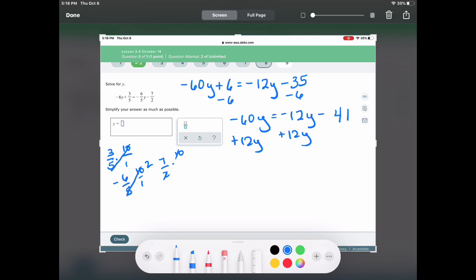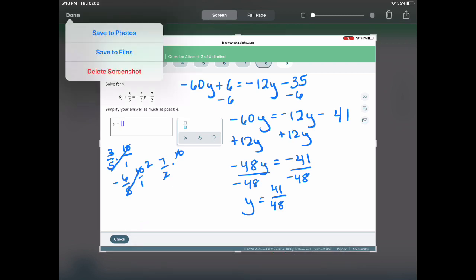So 48, negative 48y equals negative 41. And we're going to divide by negative 48. So the answer, if I haven't made a math error, and it's very hard to do these without making stupid mistakes, I know, is 41 over 48.